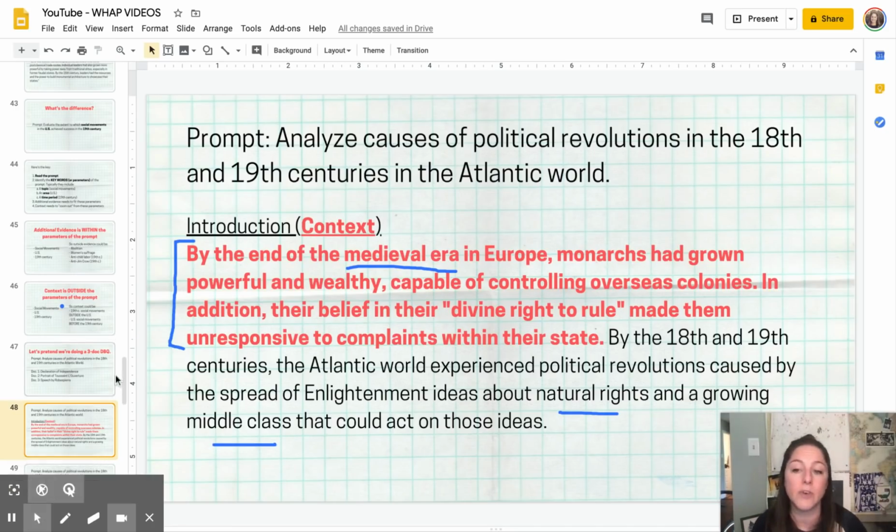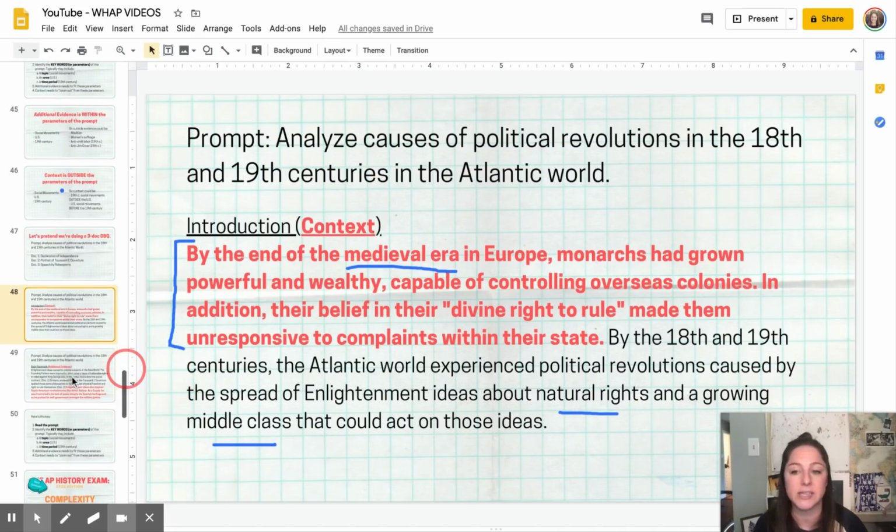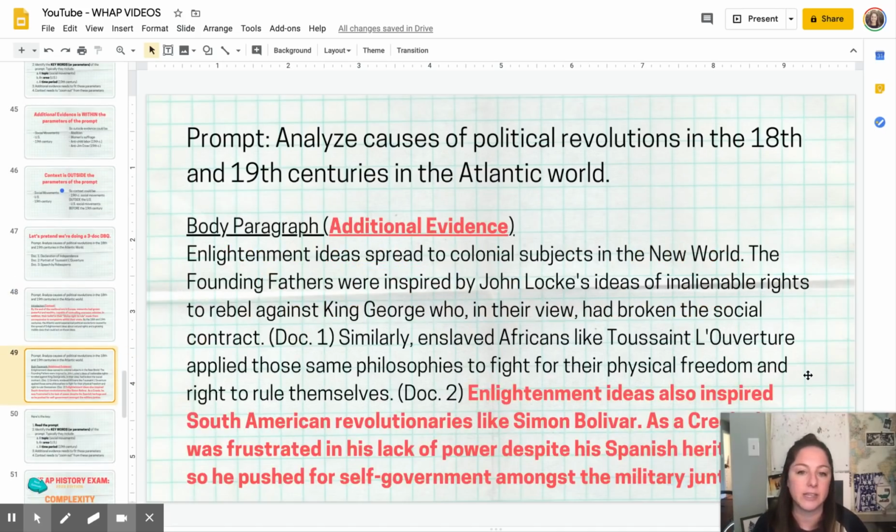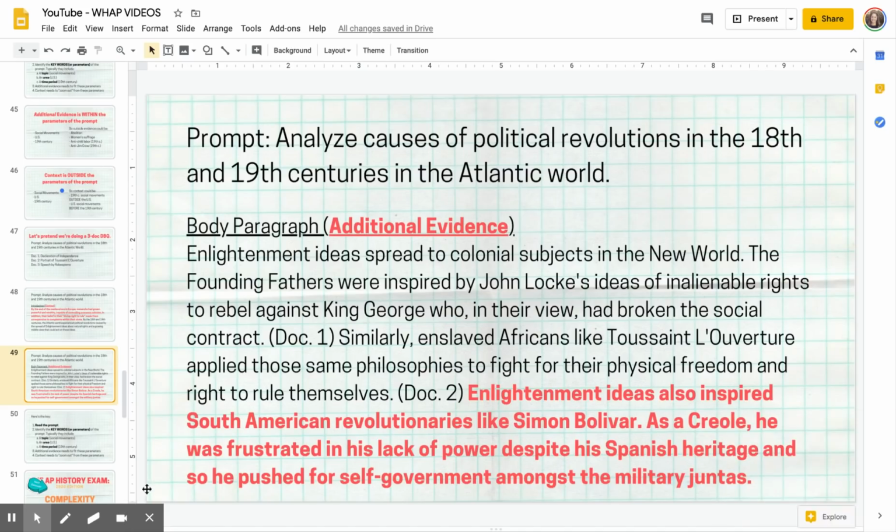Now, if I was going to move on and write one of these body paragraphs in this essay, I might say something like this to show you additional evidence. I might talk about Enlightenment ideas spreading to colonial subjects, and I would cite document 1, the Declaration of Independence. I would cite Toussaint Louverture fighting for the right to rule themselves. Then I'm going to bring in a third example of a political revolution in the 18th and 19th centuries in the Atlantic world that also relates to this topic sentence.